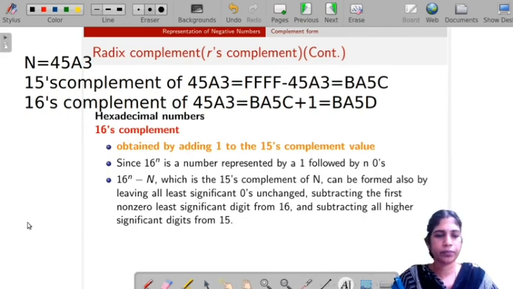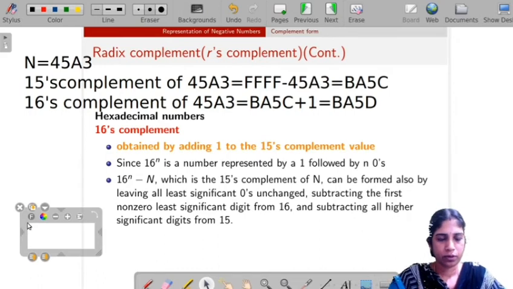Next example, suppose the given number is 67C0.